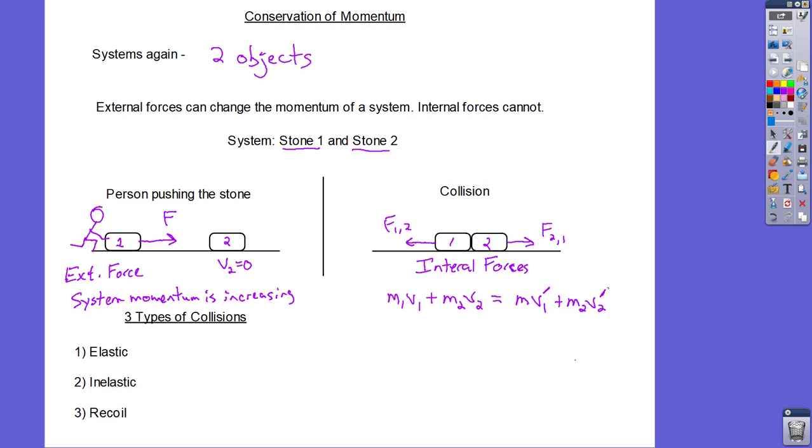Okay, now collisions, there are three types of collisions. And elastic collisions, remember, are very special. So in elastic collisions, the objects bounce off each other, and to call it elastic, what has to be true, remember, is that the kinetic energy must also be conserved.